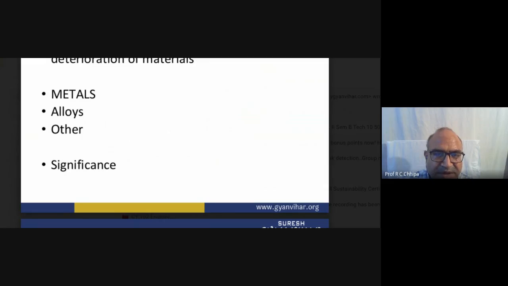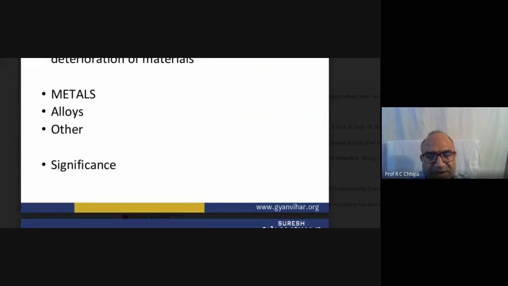Iron, the example of metal, reacts with oxygen in presence of moisture, and a compound is formed, and that compound is iron oxide, and that is the rust. So this is the rusting of iron. We can say the rusting of iron is because of the process of corrosion.